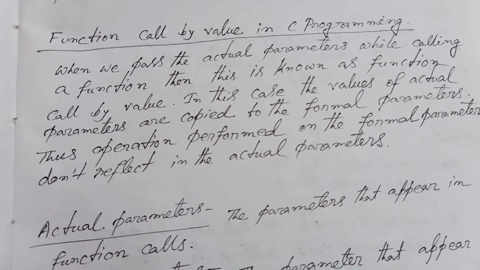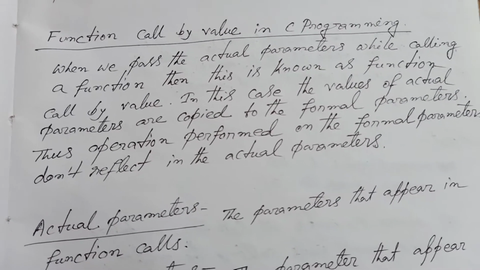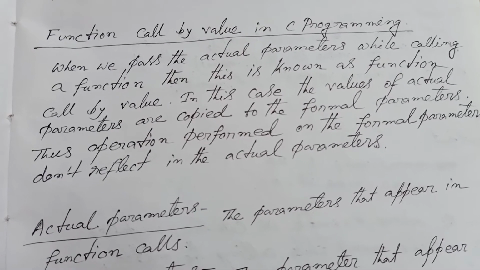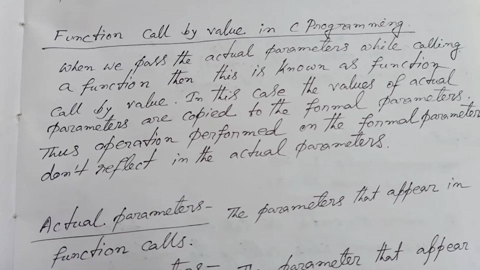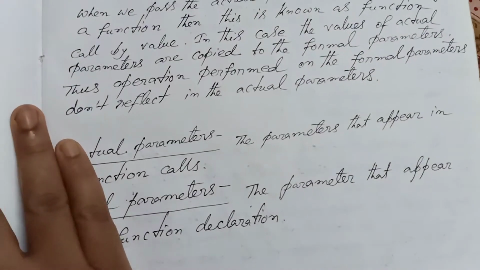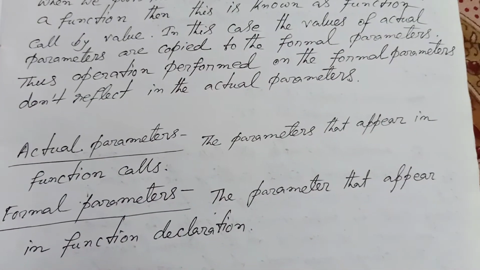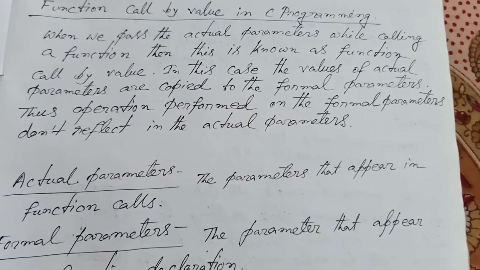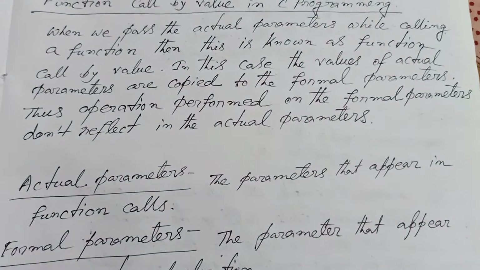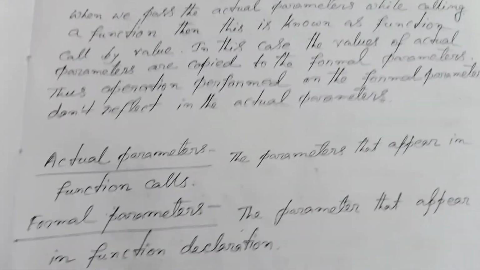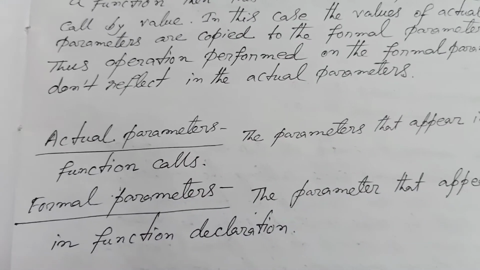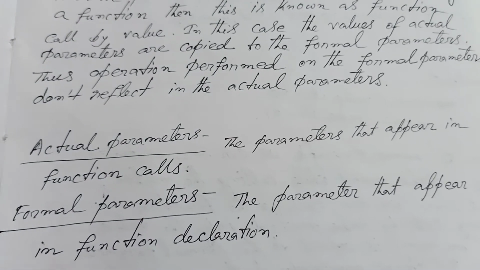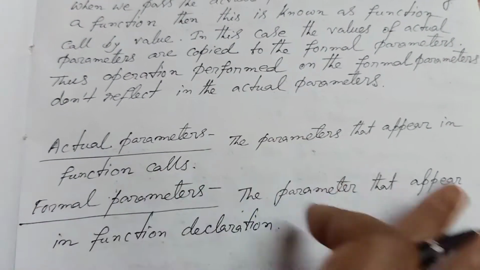Thus, operations performed on formal parameters do not reflect on the actual parameters. The actual parameters are the parameters that appear in the function call, and the formal parameters are the parameters that appear in the function declaration.